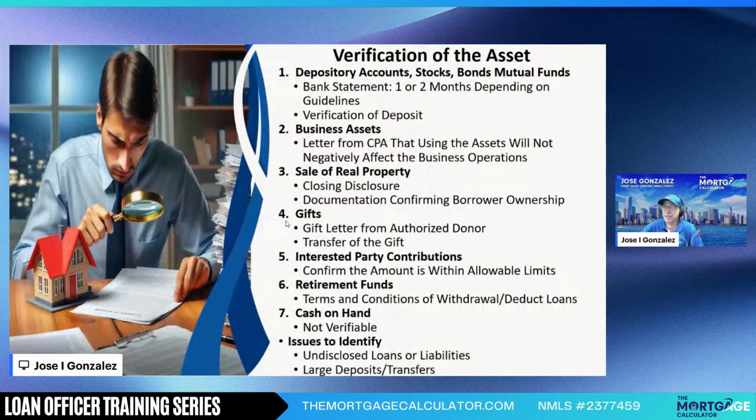So let's get into the verification of some of the more common types of assets. The first one, the depository accounts, but you also have stocks, bonds, and mutual funds, which fall into the liquid type of assets. And if it's an agency loan, check your findings to see if you even have to verify assets.